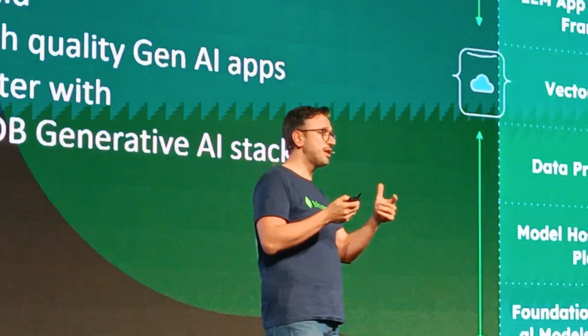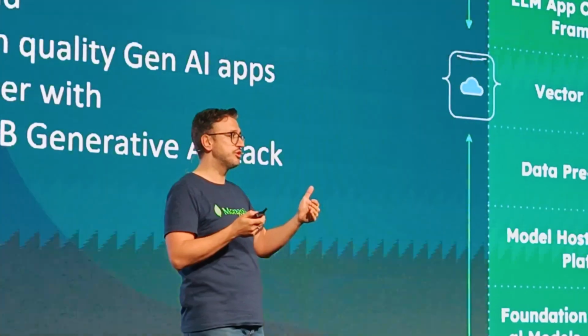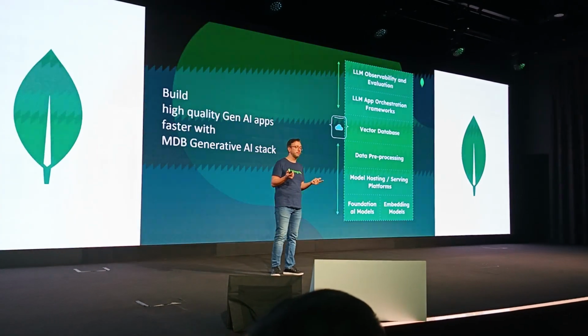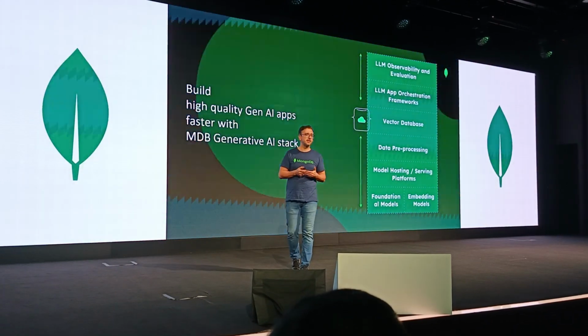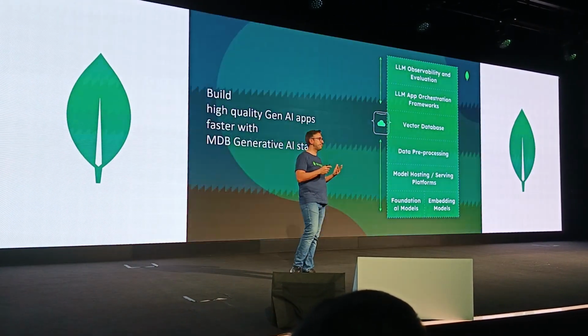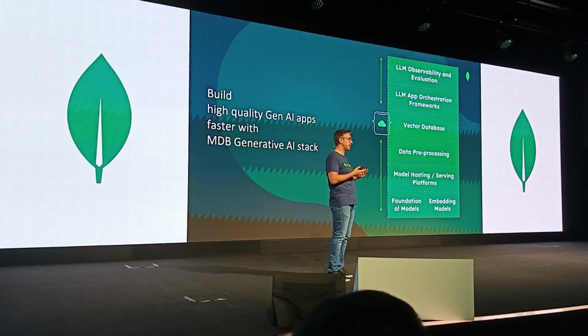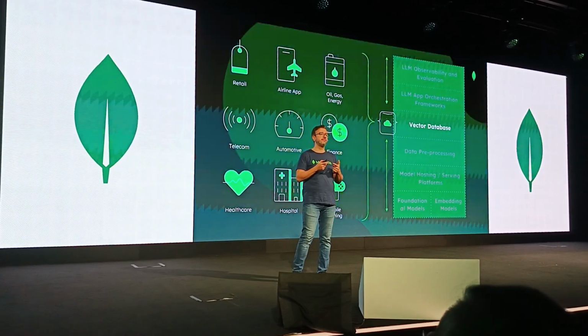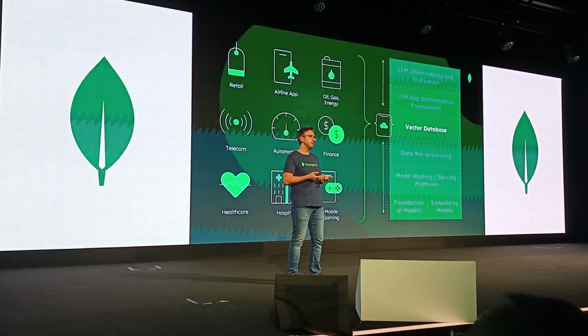Don't forget that the products in this stack can change, as we have already seen with the recent news about DeepSeek, right? Maybe later we're going to discuss different kinds of orchestration frameworks or different kinds of data pre-processing products. What is unlikely to change is the need for a great operational database.